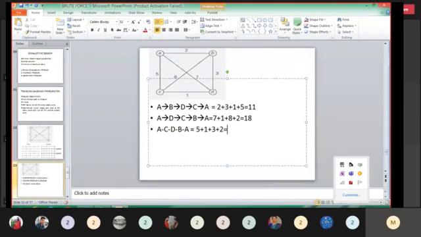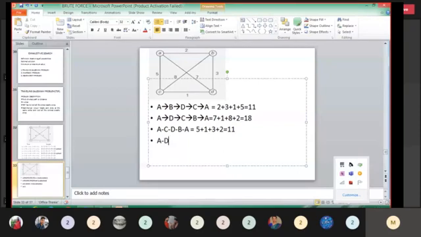A to D, D to B, B to C, C to A. A, D, B, C, A. Now we visited all the four cities and again reached the same source.